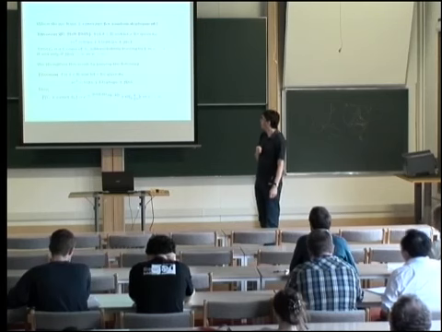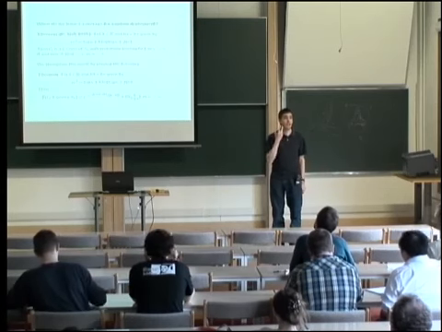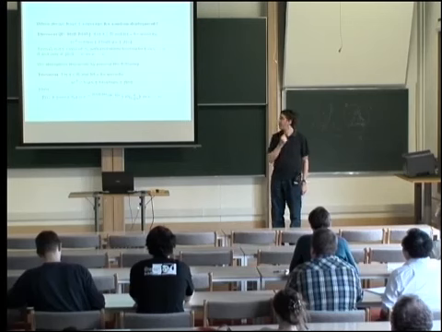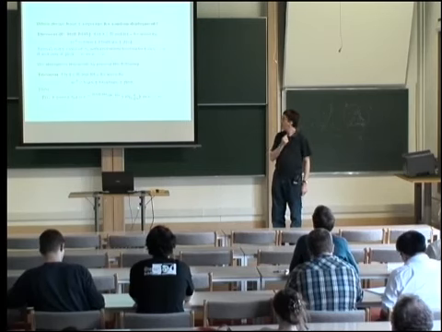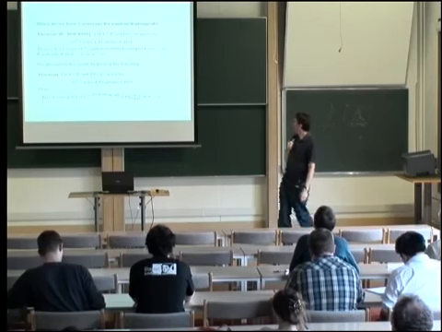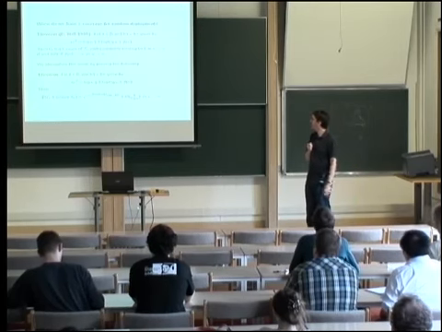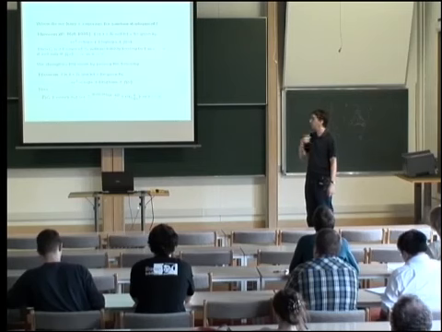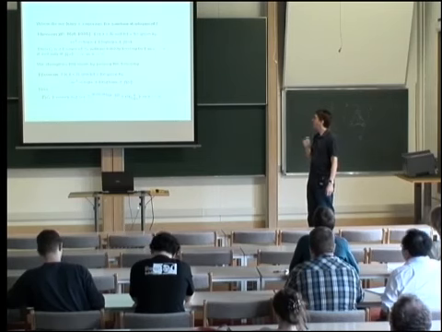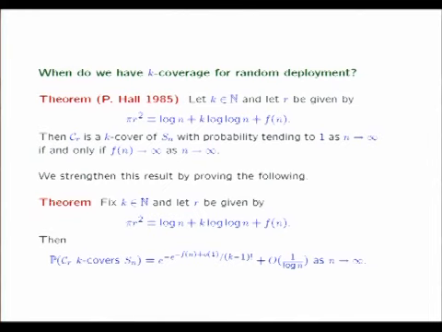There's a theorem by Hall in '85 which pretty much answers this, and that is that the area of the sensor disks needs to be about log n plus k times log log n, and if you add a growing term to that, it'll be a k cover with probability tending to 1. If you add a negative term, then it will not be a k cover with probability tending to 1.